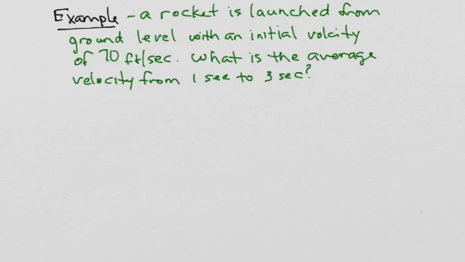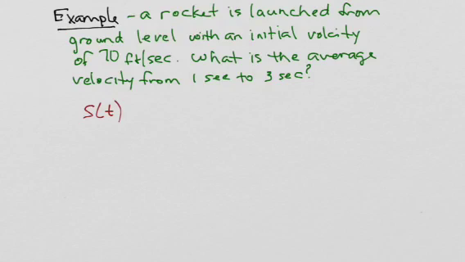All right, so here's our example. A rocket is launched from ground level with an initial velocity of 70 feet per second. What's the average velocity from 1 second to 3 seconds? All right, so let's start off finding our function, our S of t, function related to time.